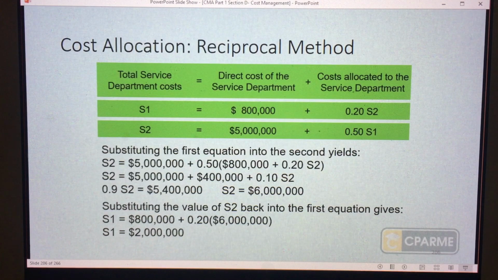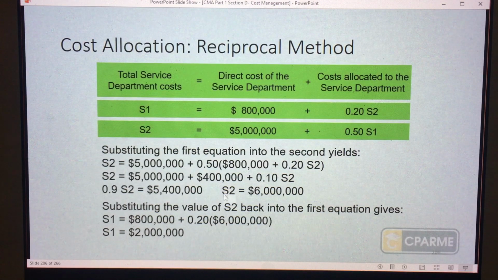A common mistake here is in the mathematical equation itself, because when it is in parentheses, you distribute to the items in the parenthesis first. So 50% of 800,000 is 400,000, and 50% of 0.20 is 0.10. So that's 5 million plus $400,000 plus 0.10 S2.